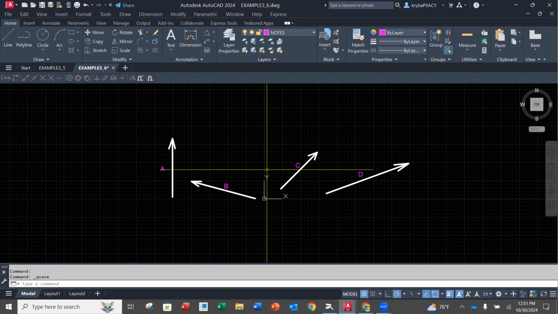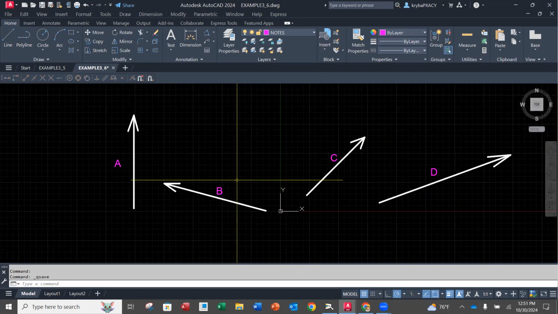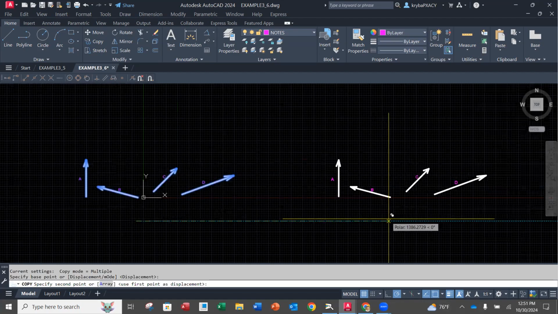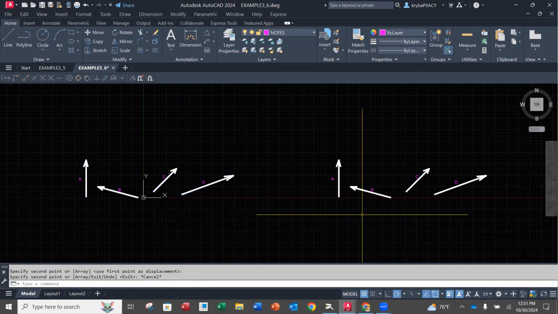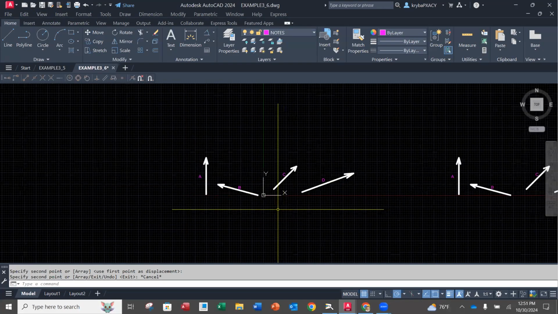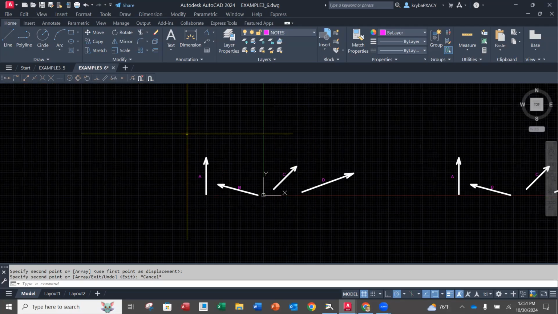So at this point, before we start moving our vectors around, what I encourage you to do is just copy all 4 of these vectors so that you have another fresh copy to move around for our next order to do the resultant. So the first one, I'm going to use this first set. And what we're going to do is we're going to add those in alphabetical order.